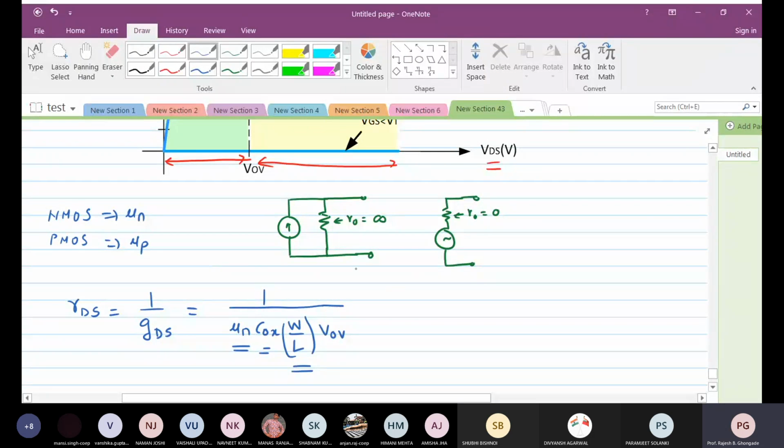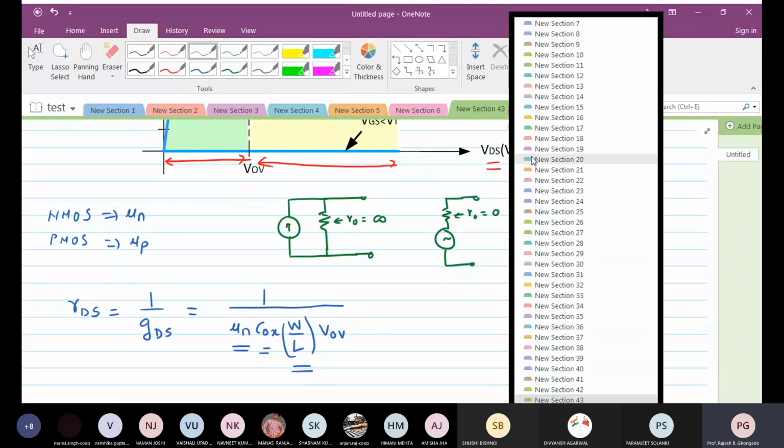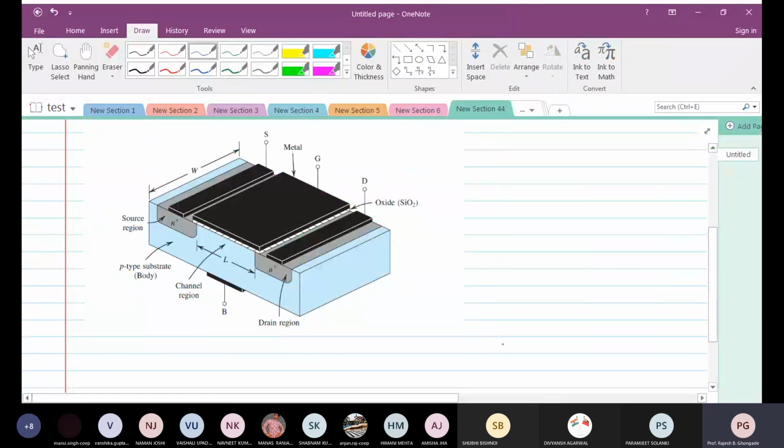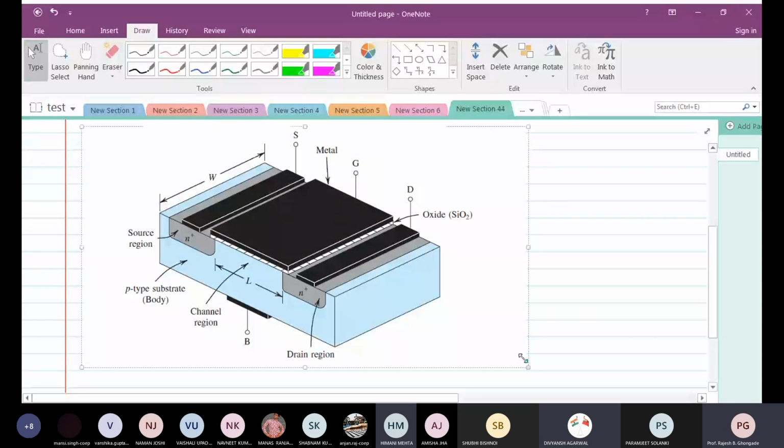Now, in order to understand this COX and W by L, we have to see the construction. Is this diagram visible to all? Yes, sir. So if you carefully see the 3D structure of the MOSFET, which is exactly the same, we have seen only the 2D image.